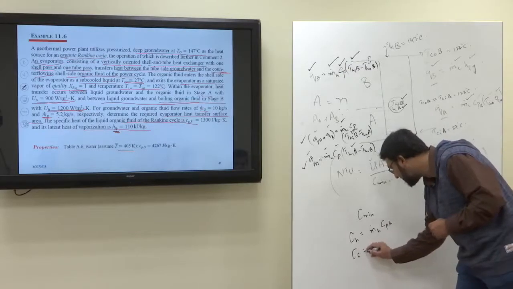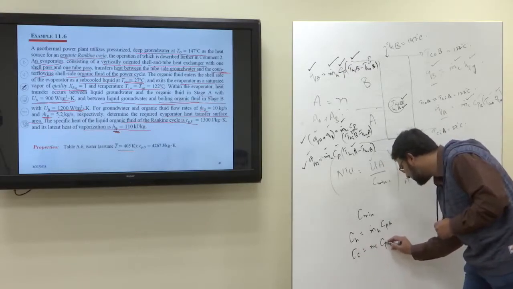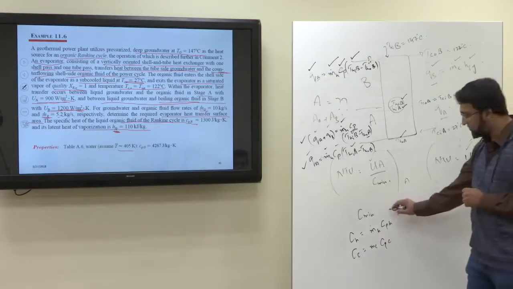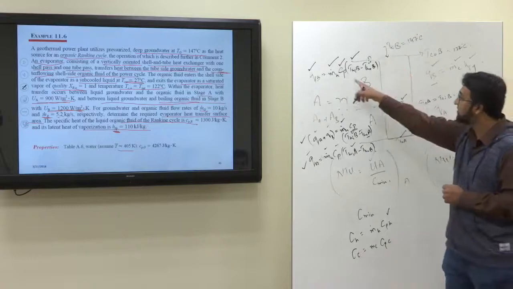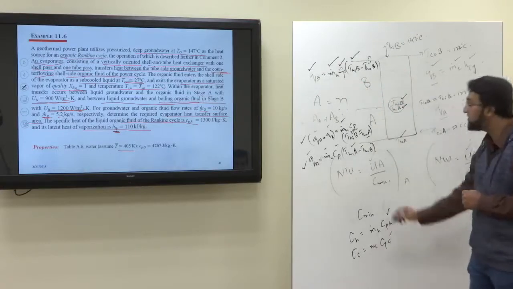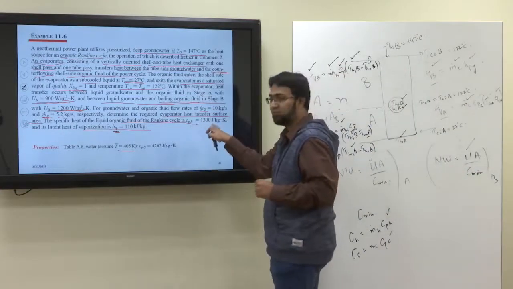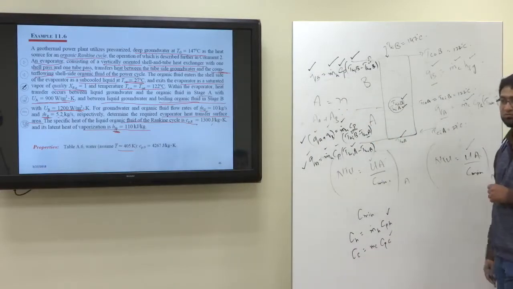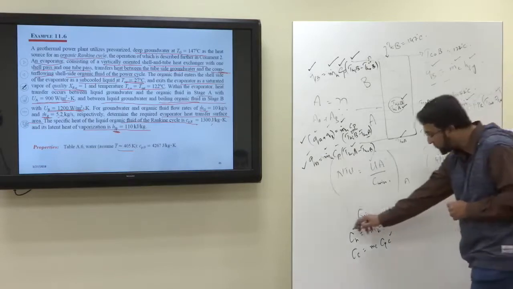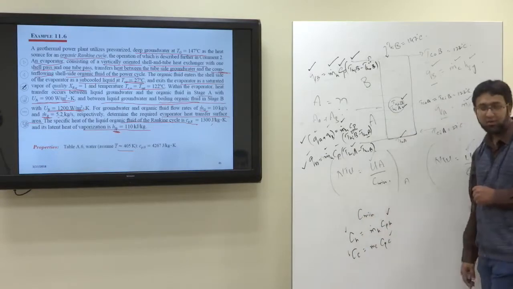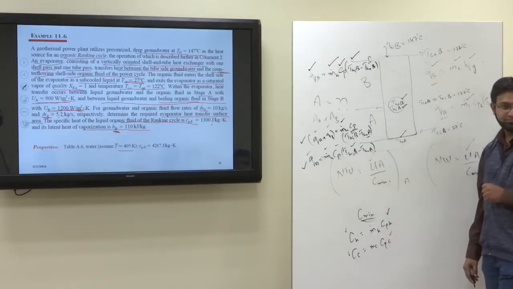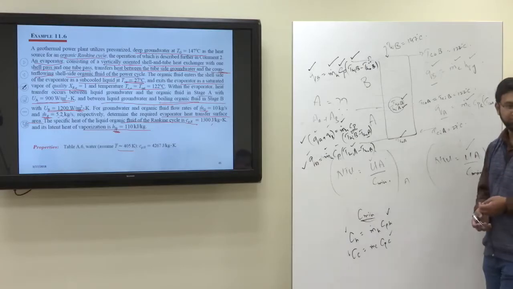C for cold side will be M dot C CPC. We know what is CPH, hot side, we took it from the tables. We know what is CPC, given in the problem. Okay. We know what is M dot H, we know what is M dot C. So we can find both CH and CC. Okay. And based on that, we will decide which one is the C minimum. The lower value is C minimum. Okay. So now we know what is C minimum here.